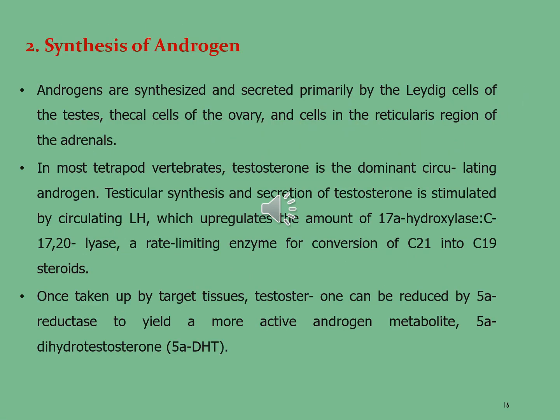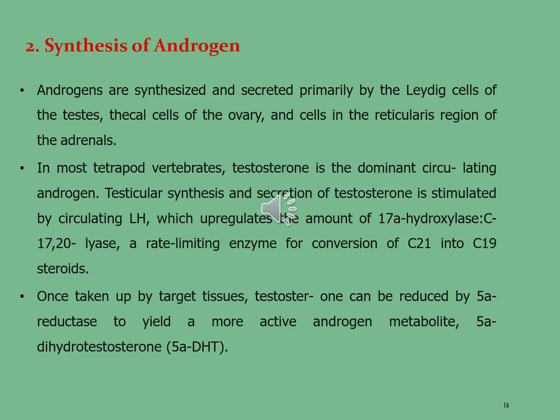Let's see the synthesis of androgens. Androgens are synthesized and secreted primarily by the Leydig cells of the testes, thecal cells of the ovary, and cells in the zona reticularis regions of the adrenals. In most tetrapod vertebrates, testosterone is the dominant circulating androgen.